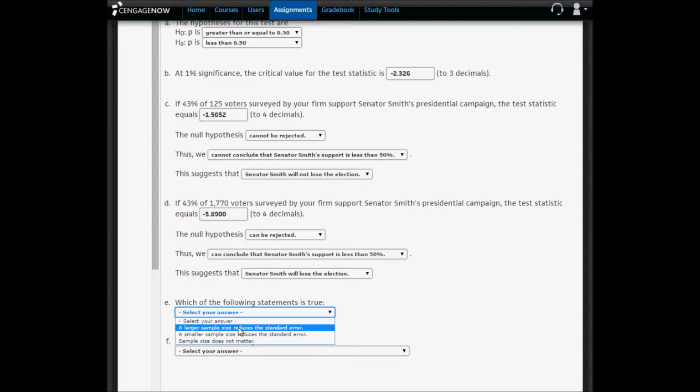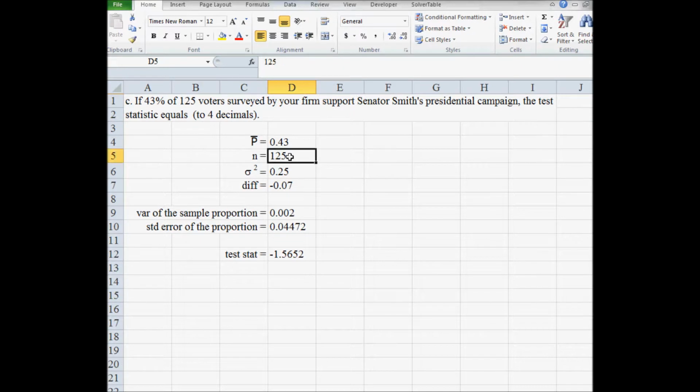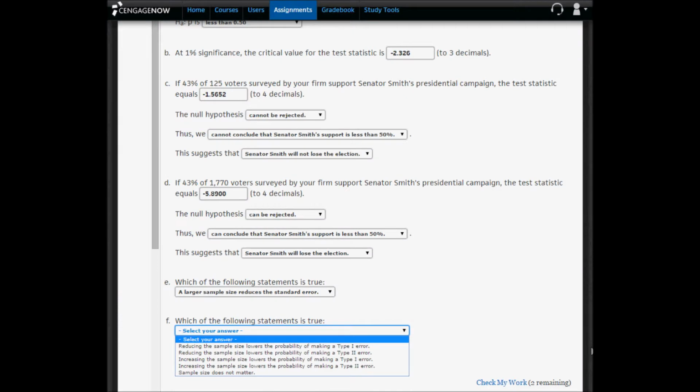The larger sample size reduces the standard error. When the sample size was 1770, the standard error was 0.01188. When the sample size was 125, the standard error was about 4 times bigger than that, 0.04472.